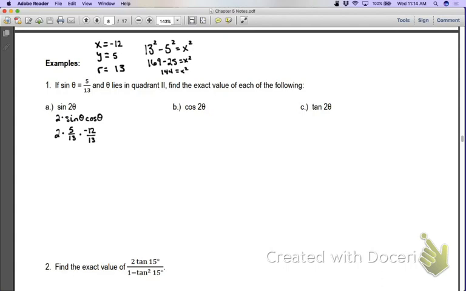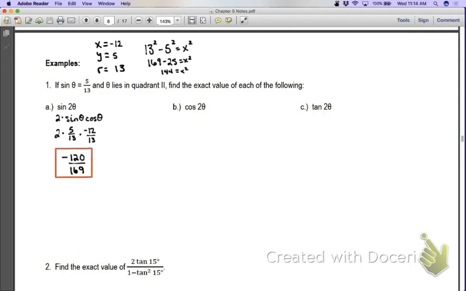Then I just begin multiplying. So whenever I multiply, I'm going to have negative 120 over 169, and nothing can reduce, so we're just going to leave it as is.